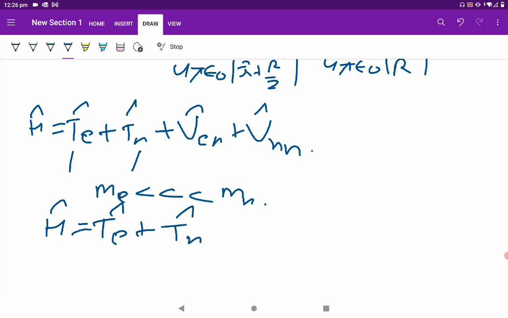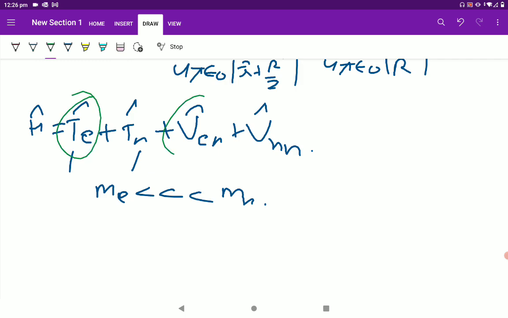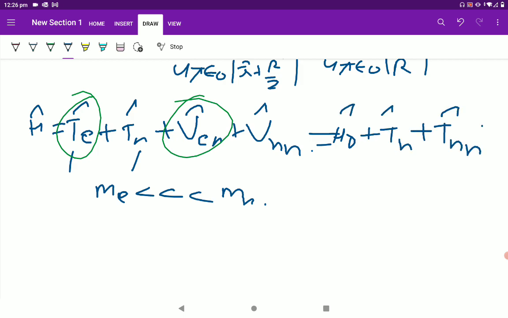So in this expression we are going to use only the operator of electrons, that is this operator and this operator, which is equal to H naught plus T N. H naught is the Hamiltonian only for electrons, and we also find the solution for this equation.